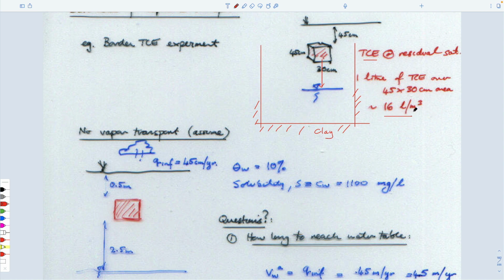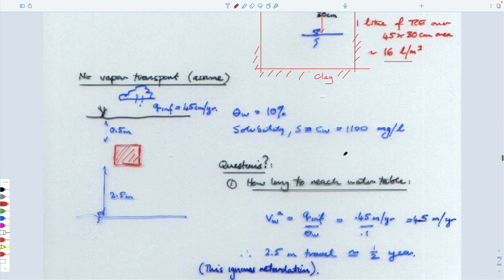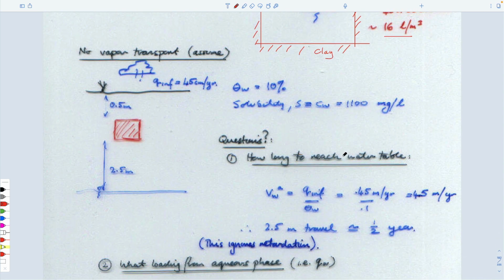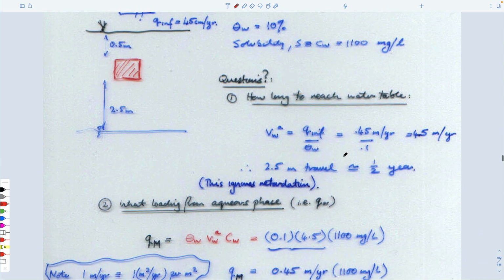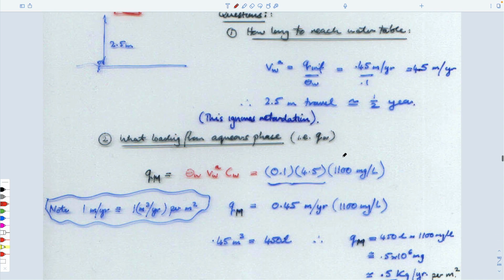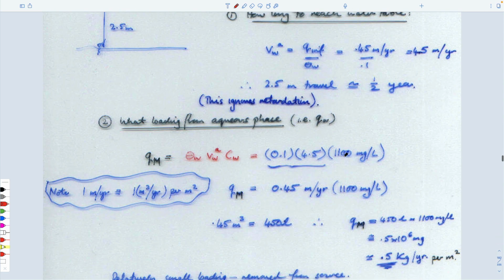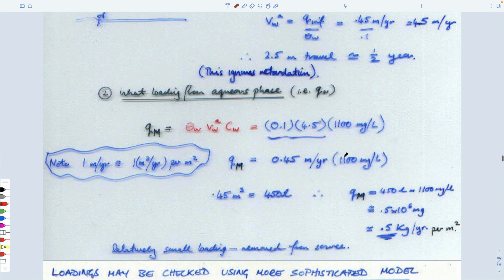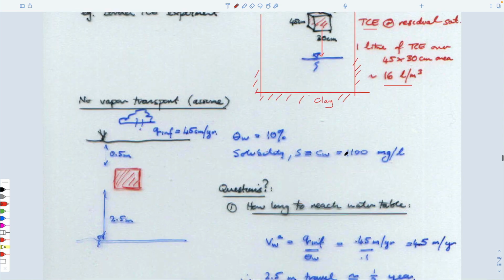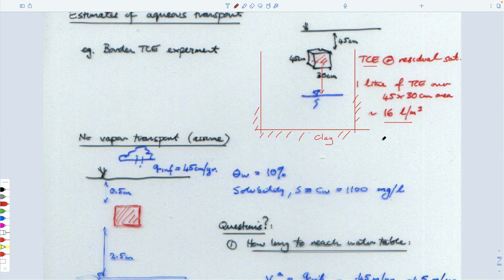So a cubic meter is 1,000 liters. So I'm looking around for porosity here. Is it obvious? I see a moisture content. Do I see a porosity? I don't. So anyway, if it's Borden, then the porosity is equal to 30%.